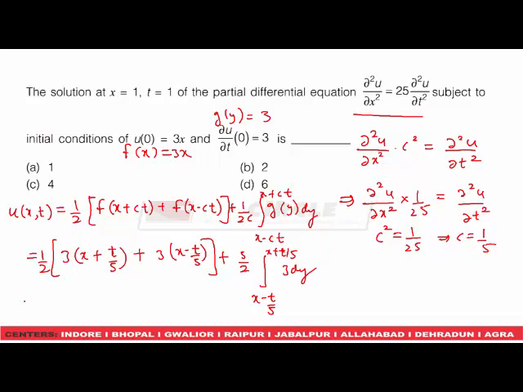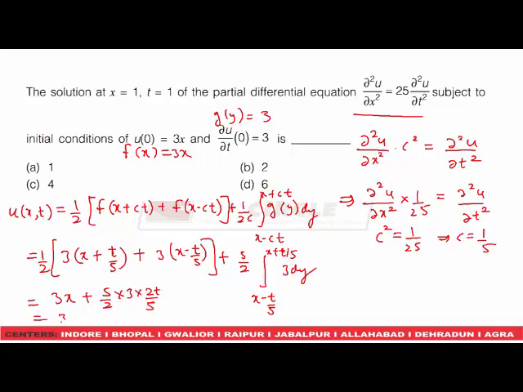So solving the relation, we get 3 into t by 5 and minus 3 into t by 5 will cancel out, and 3x plus 3x is 6x by 2, so it will be 3x, plus integral of dy will be y, and putting the values we get 2t by 5, so it will be 5 by 2 into 3 into 2t by 5.